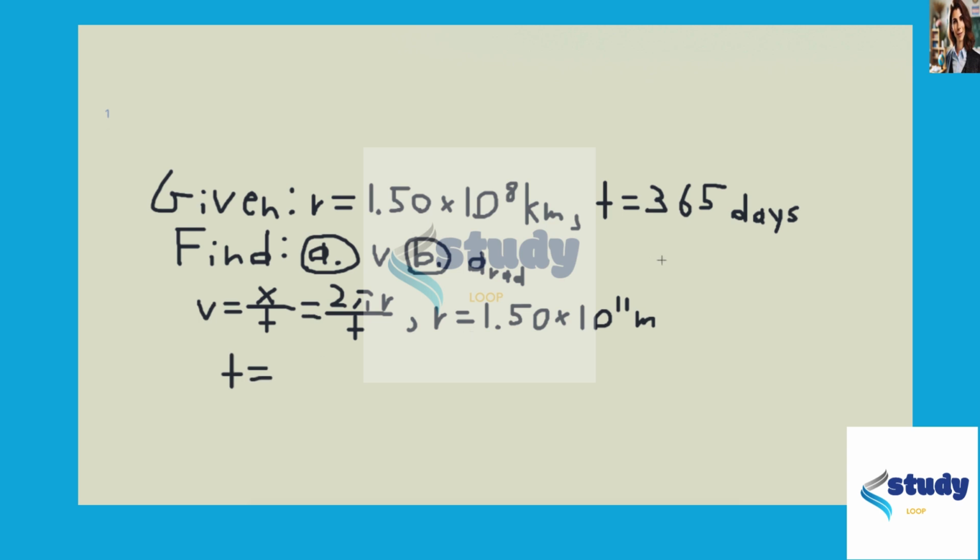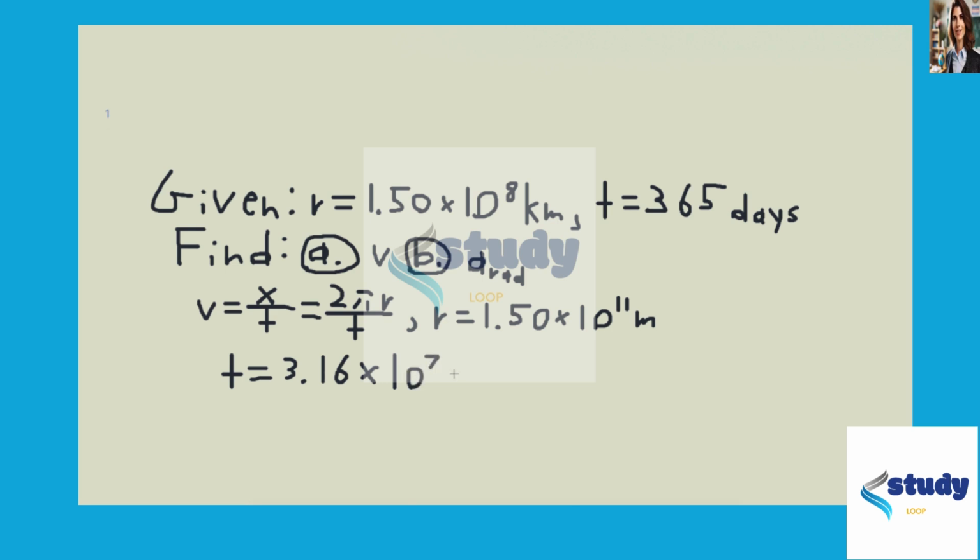Using the conversion factor between seconds and days, we're going to get 3.16 times 10 to the 7 seconds.